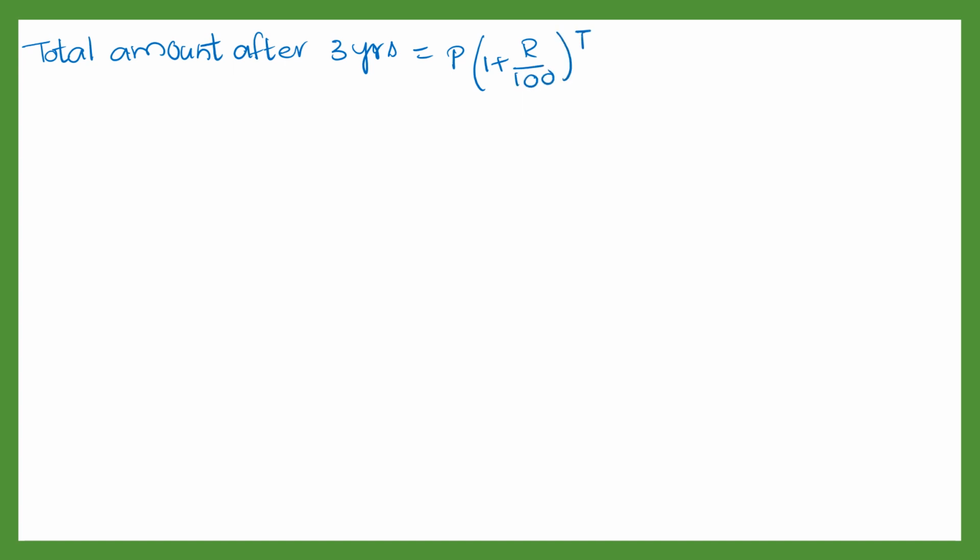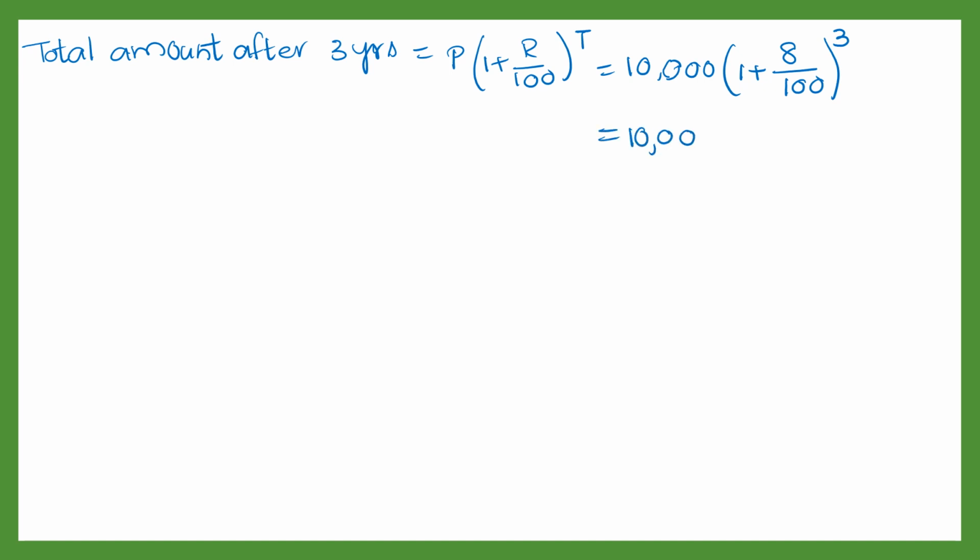Next, total amount after 3 years, when the interest is compounded. The formula is P into 1 plus R by 100 whole power t. Now P is 10,000 rupees into 1 plus the compound interest rate 8%, so 1 plus 8 by 100 whole power 3, as we are calculating for 3 years.